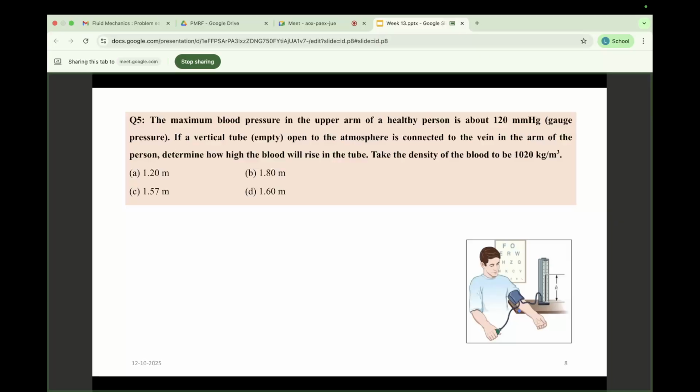You just show that both pressures are equal and calculate the height the blood will rise. In place of mercury, if there is blood, how much will it rise, that you need to calculate. So calculate the pressure of the mercury and the pressure of the blood. Use the formula P is rho GH.